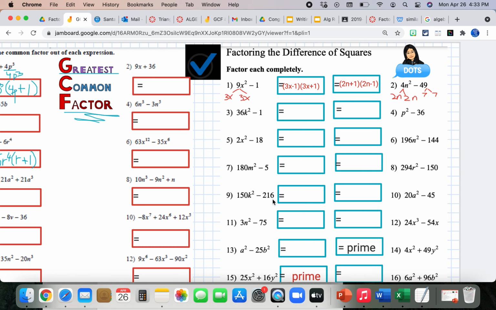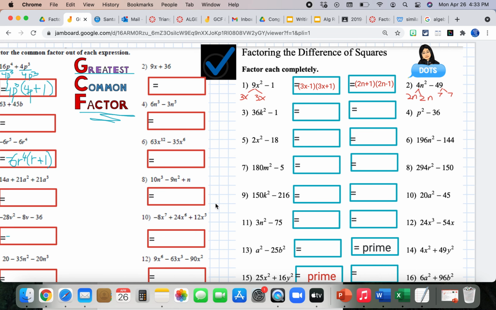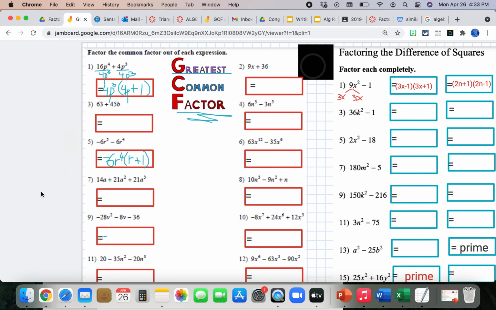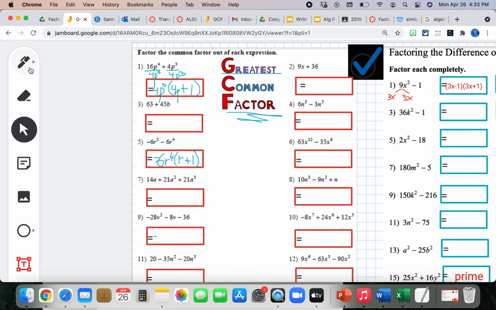So here I know that I have something in common because both of them end with a 0 and a 6. So I know I can divide out a number that would be in common. Now, this is something that you can work out on scratch paper. It would really help if you can do the factor tree on the scratch paper.